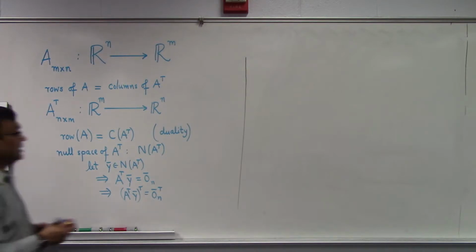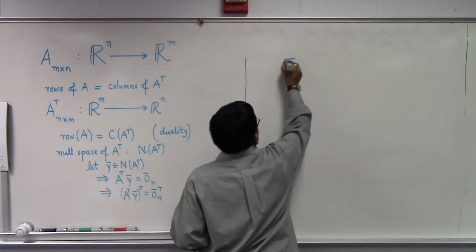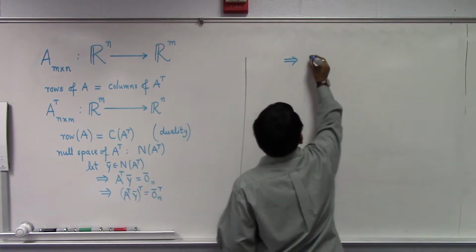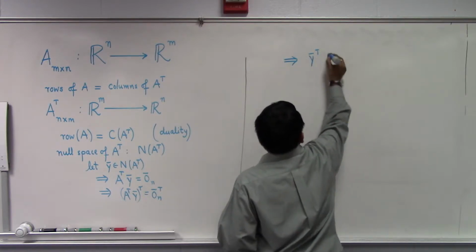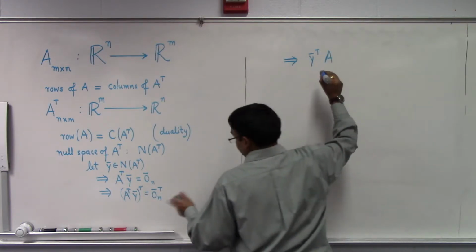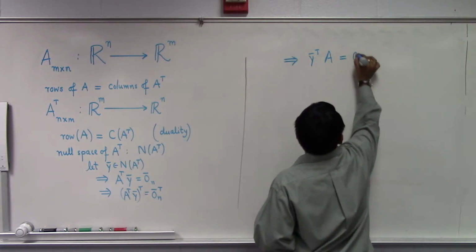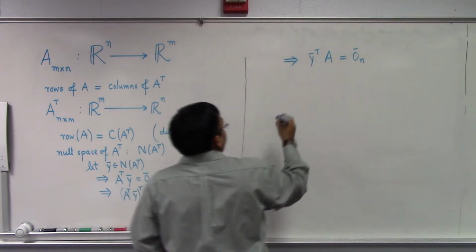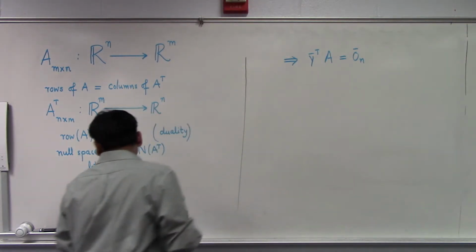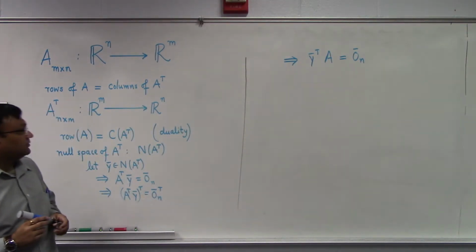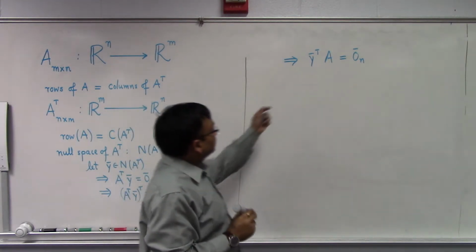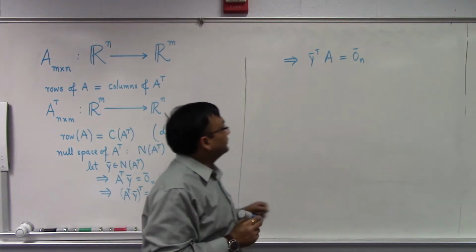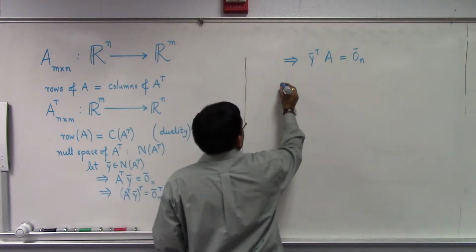What does this give me? Using the properties of transpose, I can write this as y transpose, A transpose transpose, which will be just the matrix A. So basically what we are saying is that if something belongs to the null space of A transpose, that vector, when multiplied to the left of A, will give me the 0 vector.